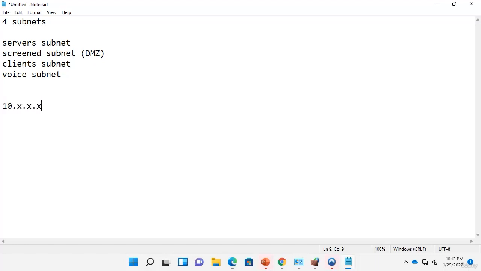Okay, that's a private range. Well, that's a private range that provides you with, you remember how many possible IP addresses? 16 some odd million IP addresses available on a single network segment. And so because of that, you've got lots of options here.